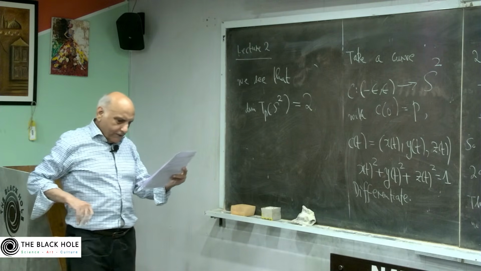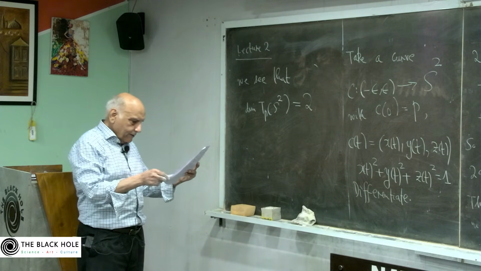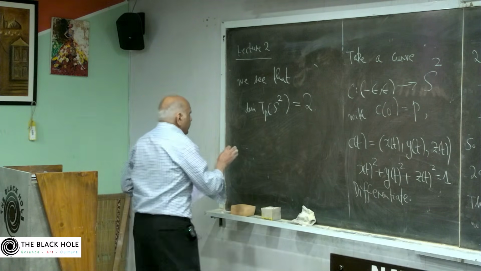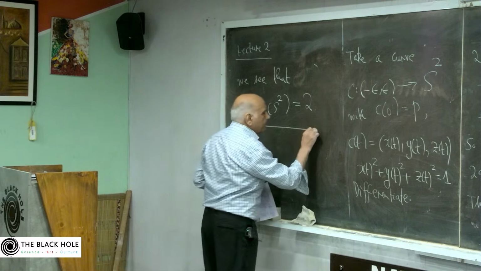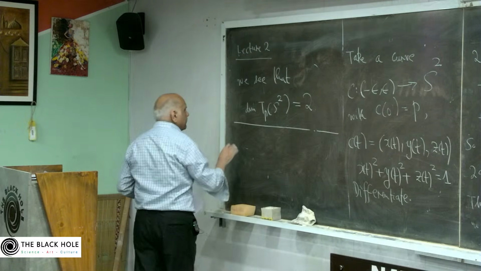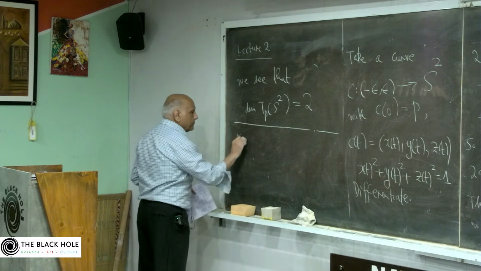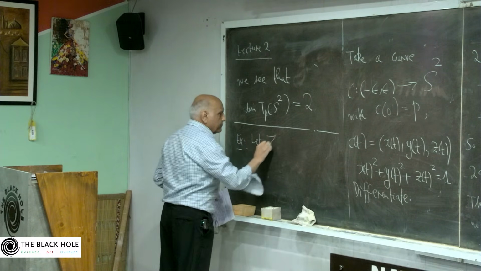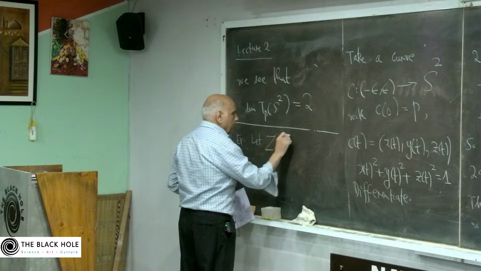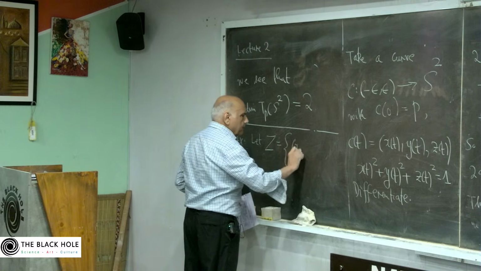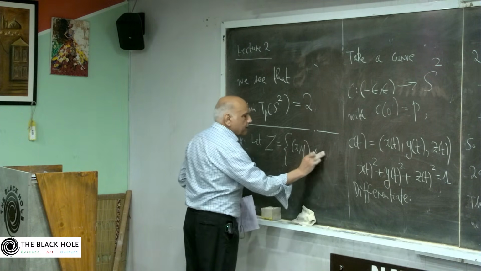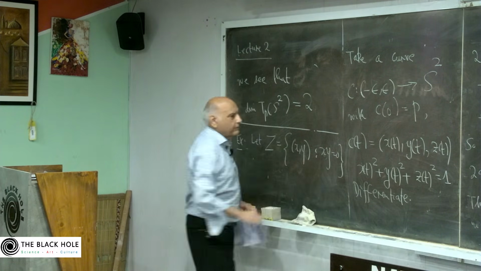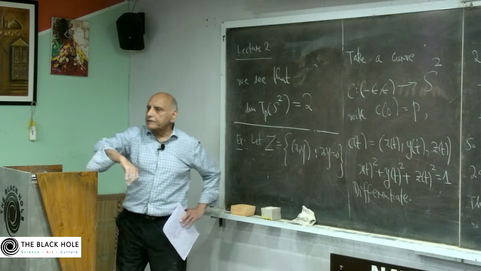Okay, now comes an interesting thing. Let Z be the set of all (x, y) such that xy is equal to 0. So, what kind of set is this?